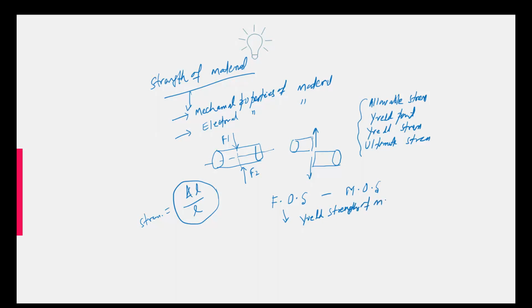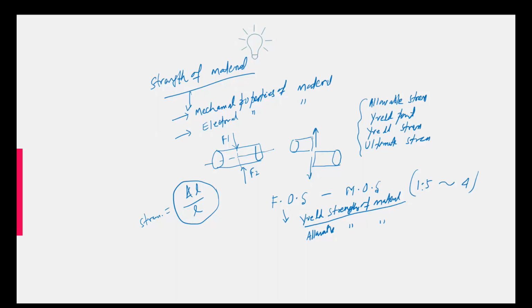Yield strength of material divided by the allowable strength of material. The factor of safety is usually between 1.5 to 4. In between this range, you have to keep everything. But I'll give one perspective here.